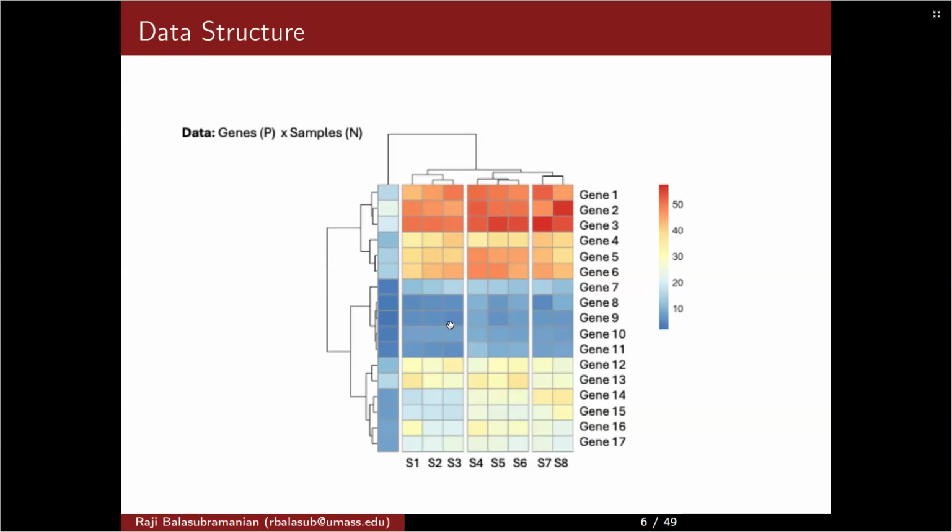These are continuous values because, as the title of my talk suggests, we're using the Gaussian distribution, which is only appropriate for continuous data. We're trying to apply networks because we believe that these genes don't act independently of each other, but are connected to each other, and so we want to use a network to represent their connections.